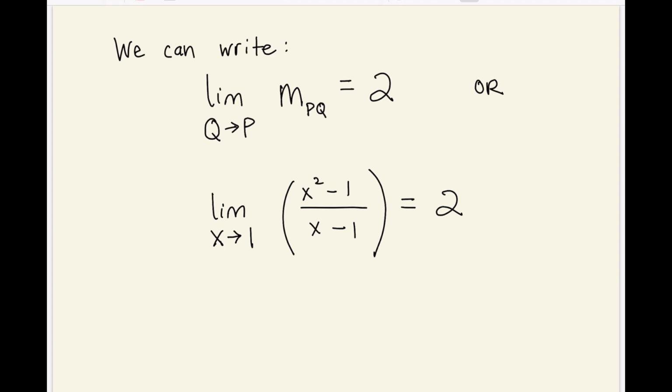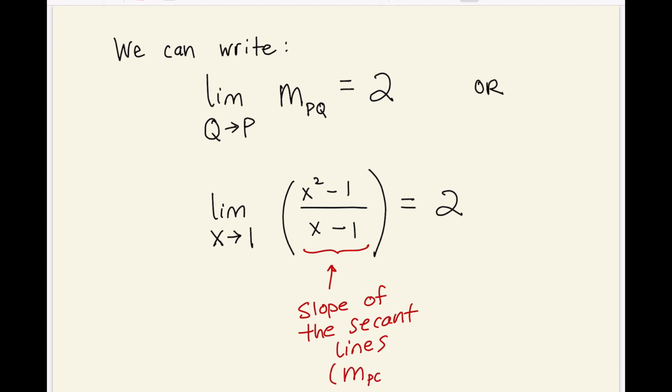And I want to be clear that this was the slope of the secant lines, right? This is what I originally called MPQ, and this is what we are going to define to be the slope of the tangent line. So it is that limiting value.